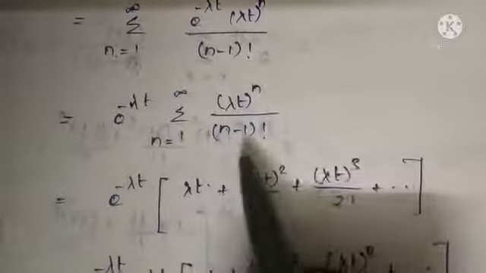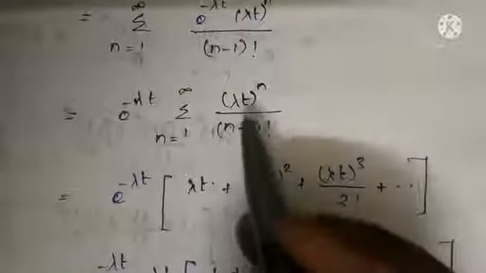Taking summation is only for n, so take e power minus lambda t outside. It is lambda t whole power n. Actually I had a summation for n from 0 to infinity. When n gets cancelled, it becomes n minus 1 factorial. Now n cannot be 0 to infinity. N will be from 1 to infinity.